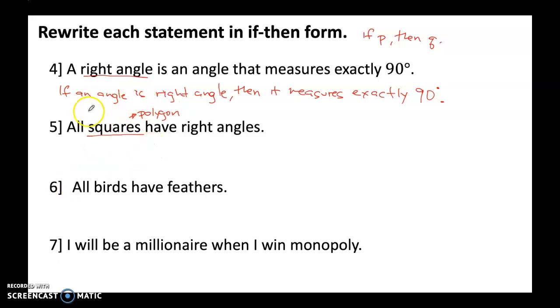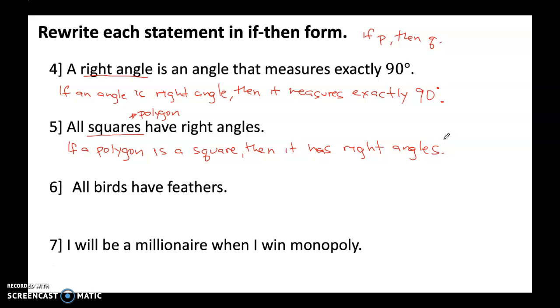So to write this in if-then form, if a polygon is a square, comma, then it has right angles.